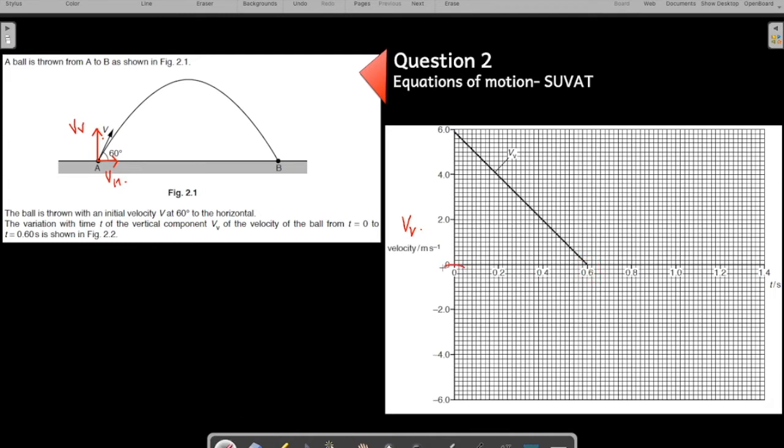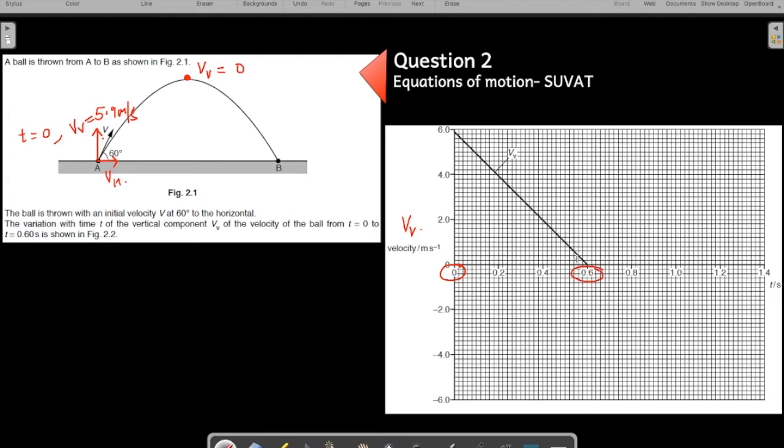At time t is equal to 0, the vertical component was around, looks like 5.9 or 5.8, let us call it 5.9. It is not precisely 6. If you zoom in, you'll see it is slightly below 6. So let us take it 5.9 meters per second. At the topmost point, what happens? The vertical component vᵥ is 0.